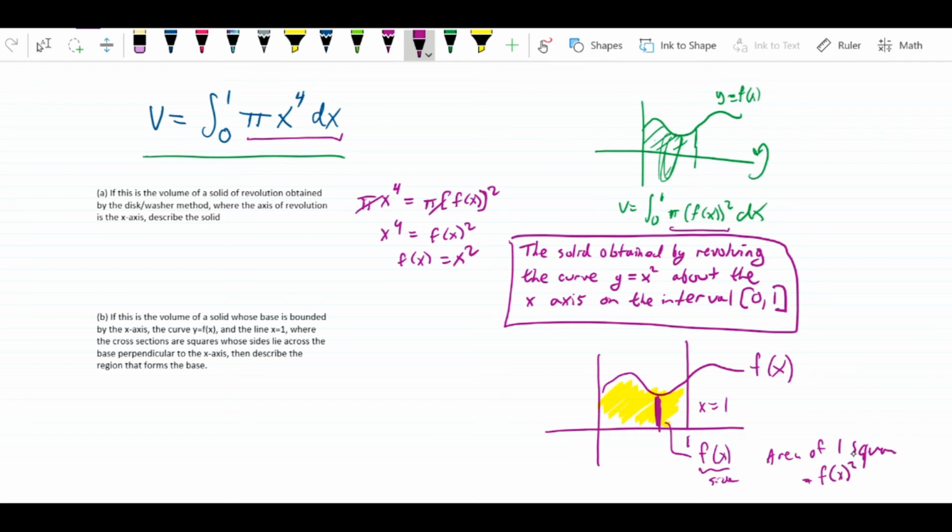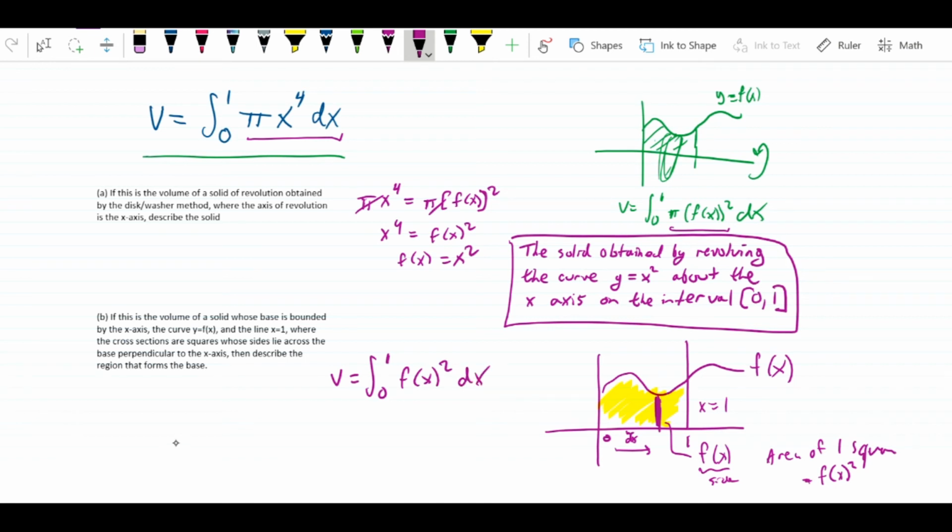So the integral we would have gotten for that solid would be volume equals the integral from 0 to 1, because we'd be proceeding in this direction, giving thicknesses like that, of f of x squared dx.